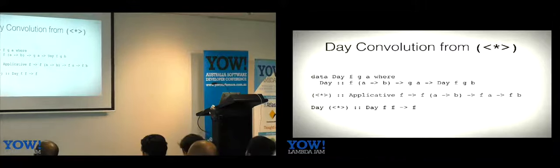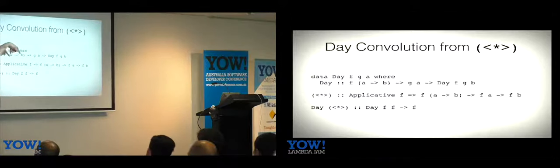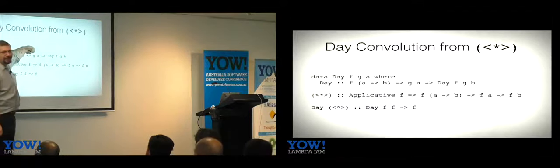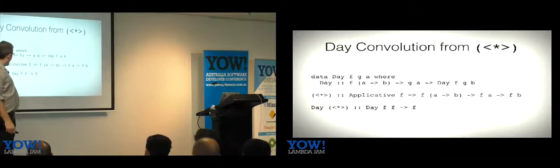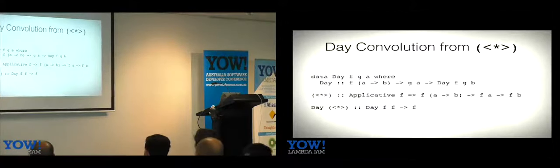And Day convolution, which is not normally presented this way, could be thought of as taking the signature for applicative and smashing in the interesting bits that I want to talk about here, which is that I have an F and a potentially different G. So I have two different arguments. And what I'm looking for is that day of app in the applicative class should take day F F to F. It should be a natural transformation from day F F to F.